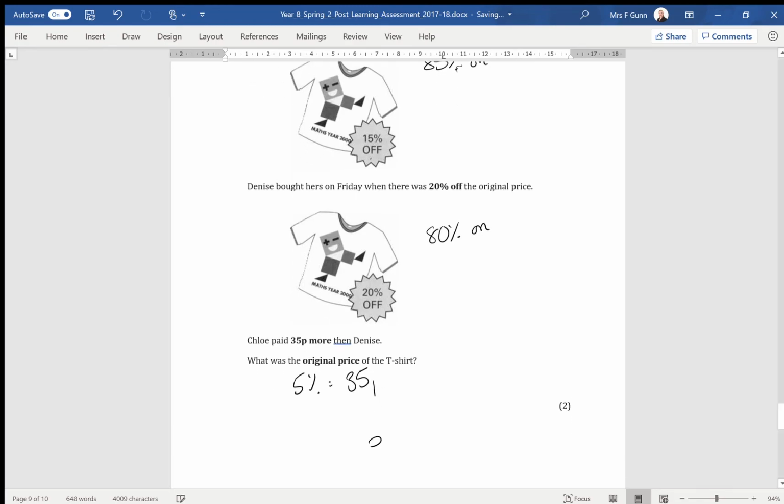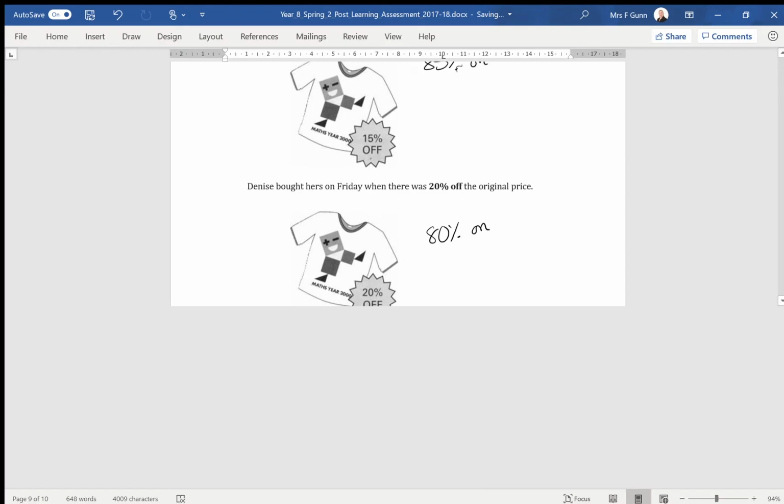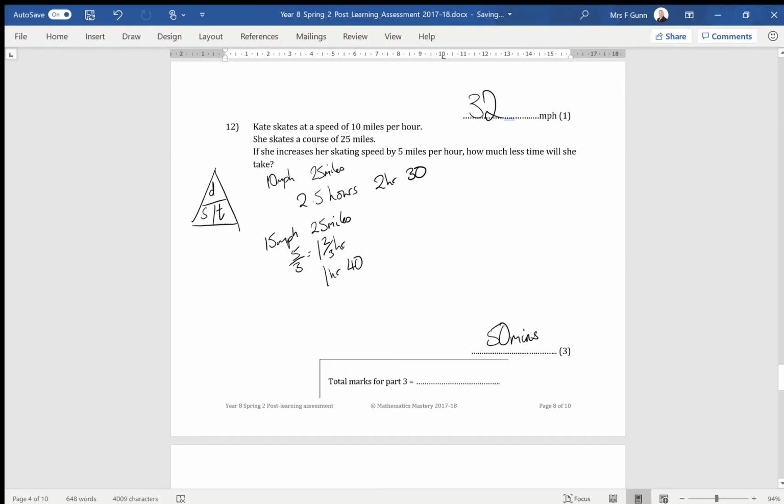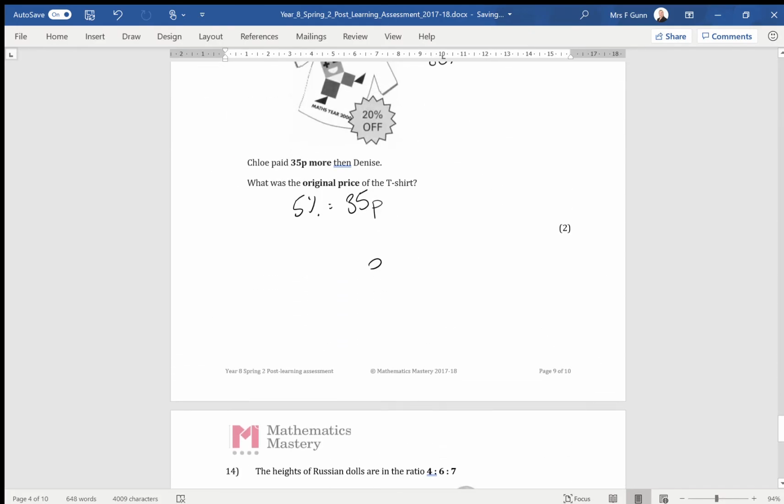So I want to know what 100% of the price was, times by 20. Put my calculator down, 0.35 times 20. I've done 0.35 because I turned it into pounds because it's going to be easier. £7.